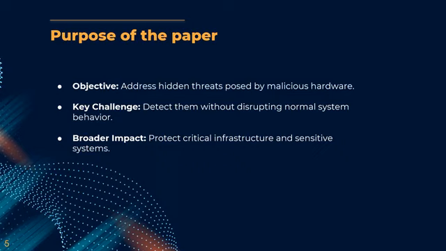We will go through a two-phase approach that tackles threats during design time and runtime. The idea is to protect systems while keeping them functional and fast, something that's challenging but achievable through the methods proposed here. Think of it like a luxury car with advanced features. You want security enhancements without slowing down the car's performance. That's what this paper aims to achieve for hardware systems.